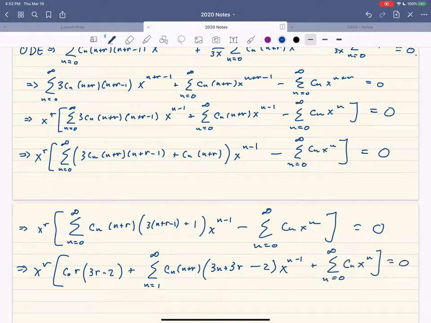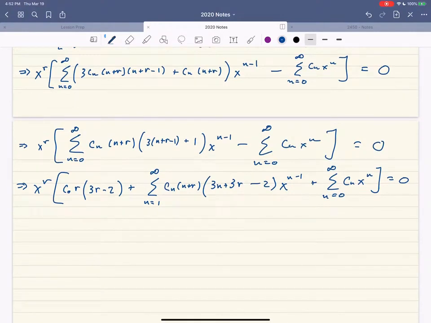Okay, final thing we're going to do is in this sum, we're going to shift the index, which is why we peeled off that term before. So this is c sub 0 times r times 3r minus 2 plus, well, if we want to have this sum starting at 0, that means we're going to change all the n's to n plus 1's.